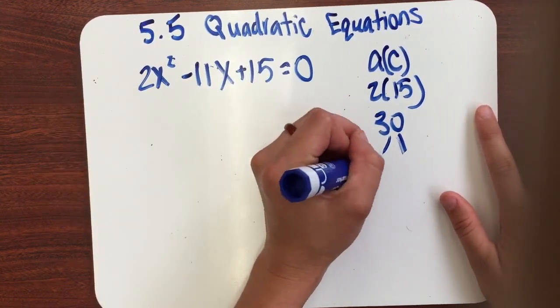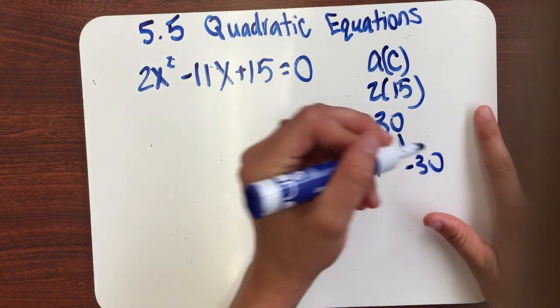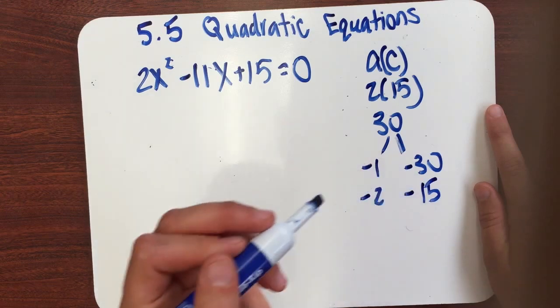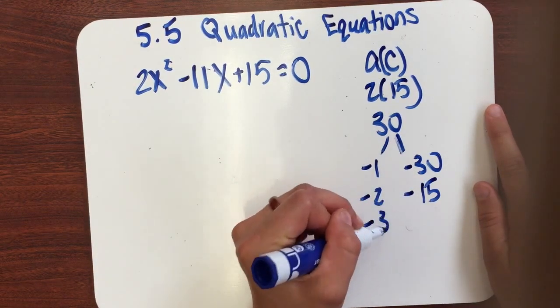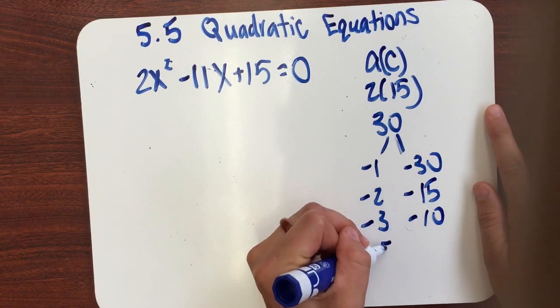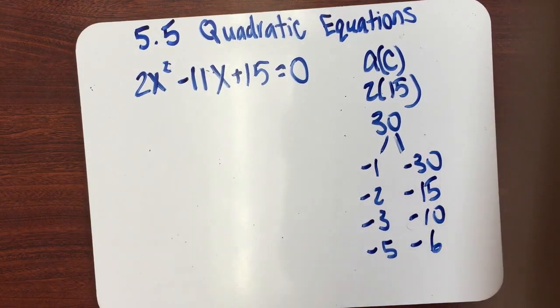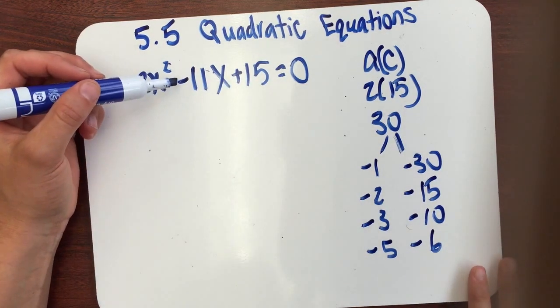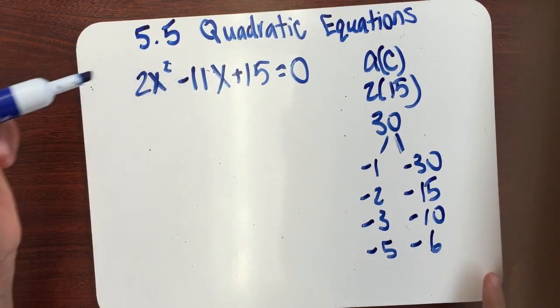So we'll have either negative 1 and negative 30, negative 2 and negative 15, negative 3 and negative 10, negative 5 and negative 6. So the pair that's going to add up to negative 11 will be the ones that we use.